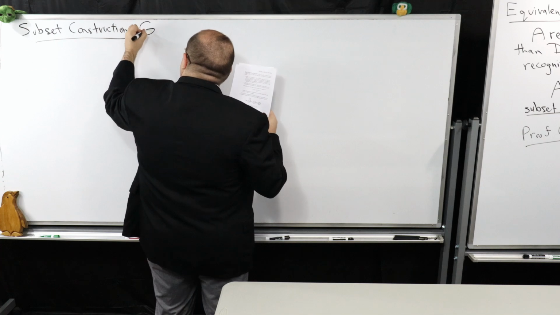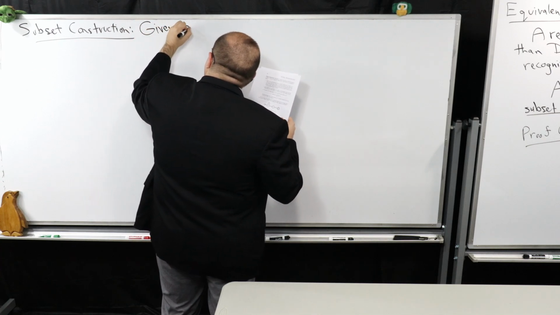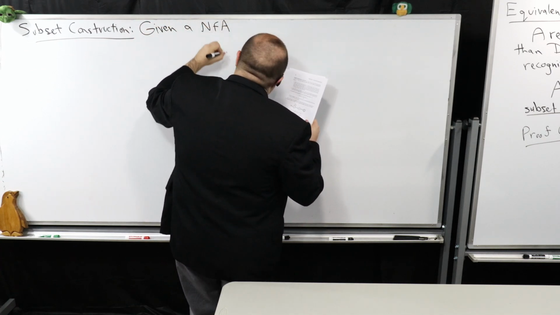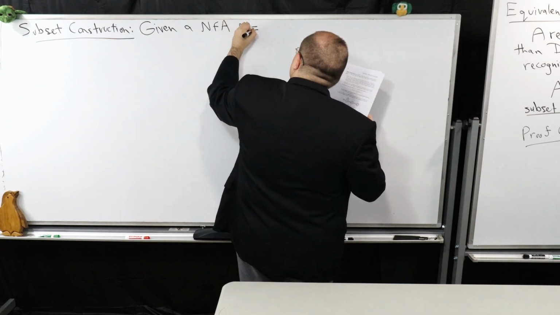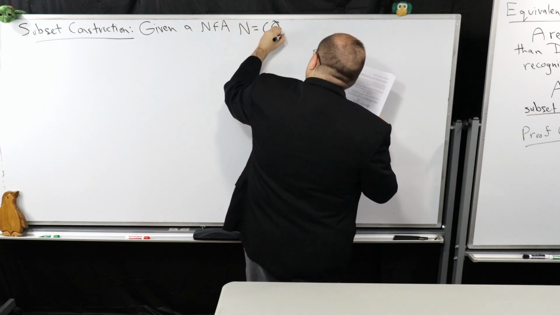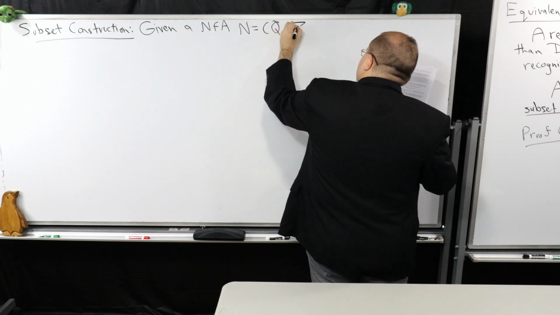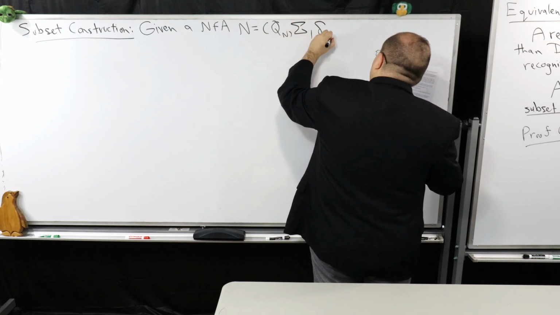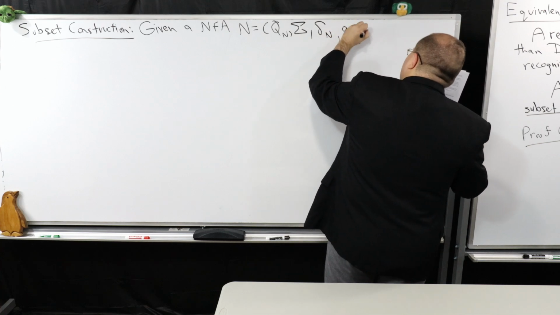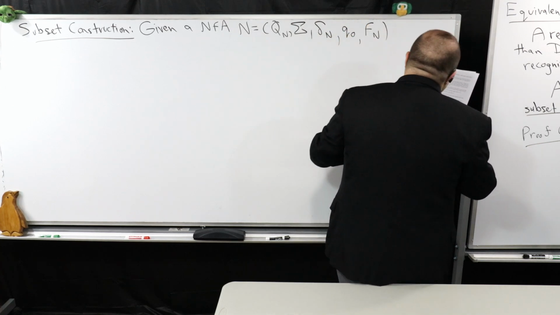So I'm going to be given an NFA, which is going to be given as a set of states Q_N, sigma, delta_N, q0, and F_N, like this.